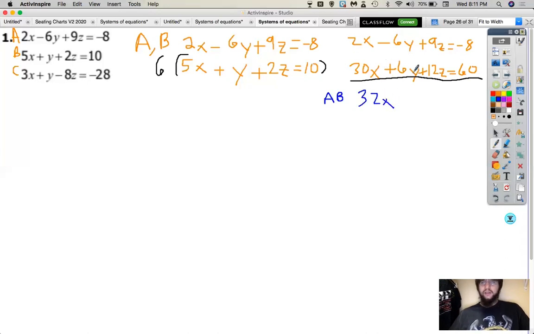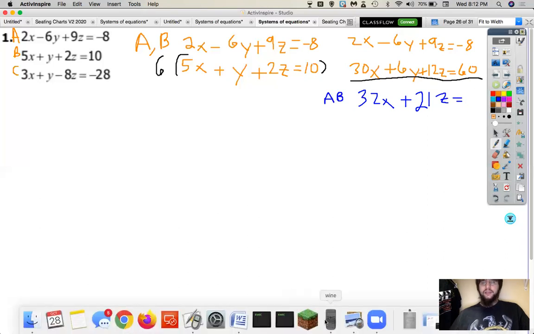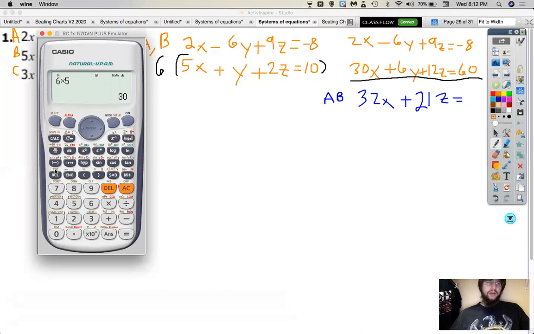Yeah, 2 and 32x. Y's are gone. 9 and 12 is 21z equals. That's going to be 52. I'm going to use a calculator just to be sure, because my brain's not 100% at the moment. 52.